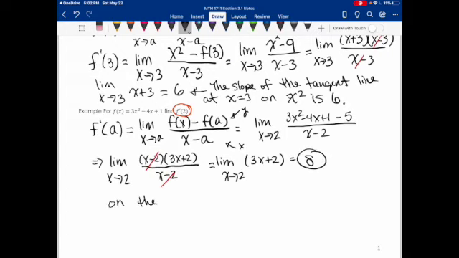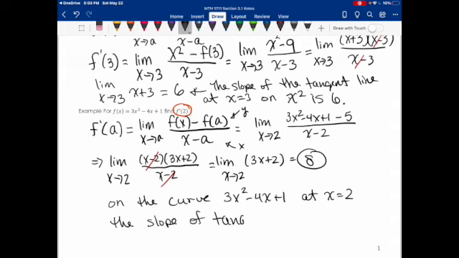So what this means is on the curve 3x squared minus 4x plus 1, at x equals 2, the slope of the tangent line is 8.